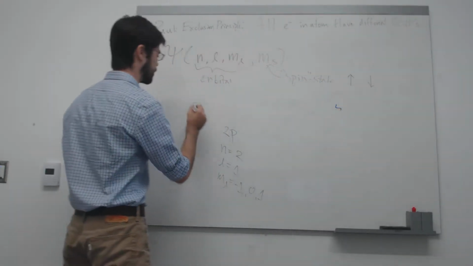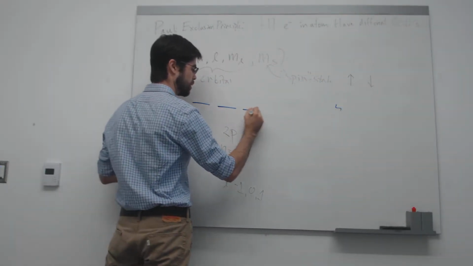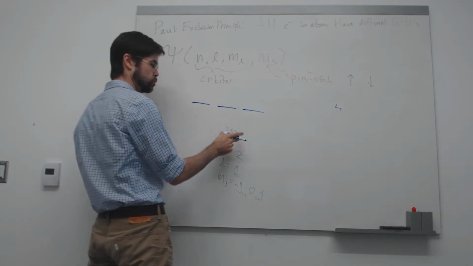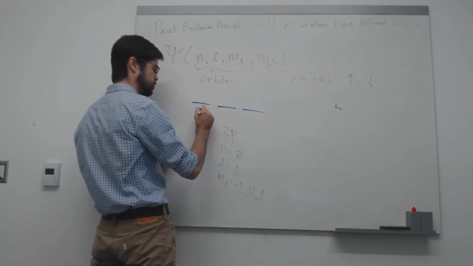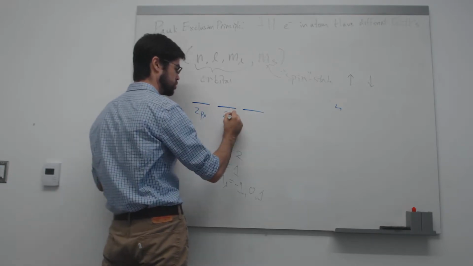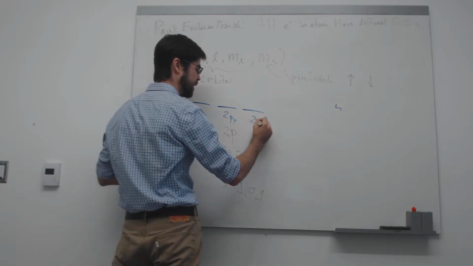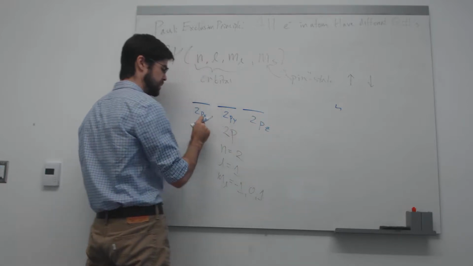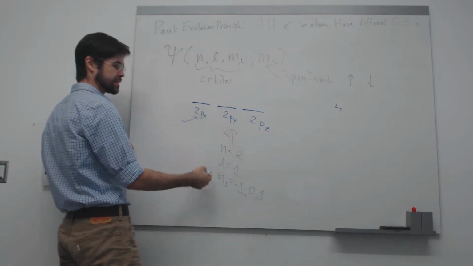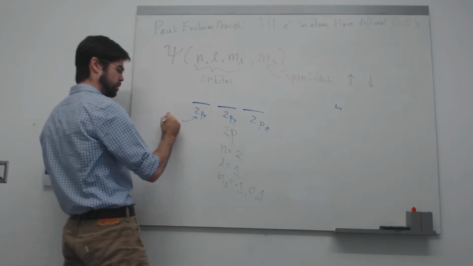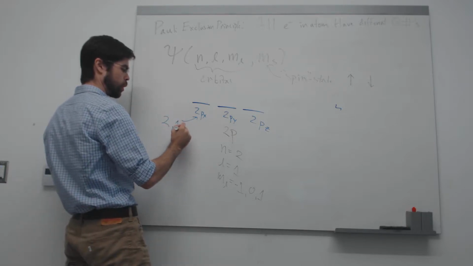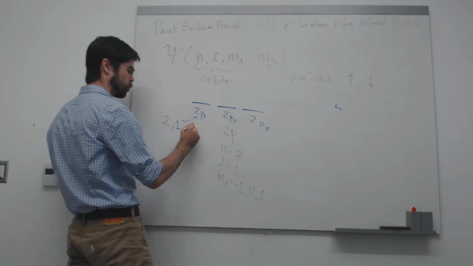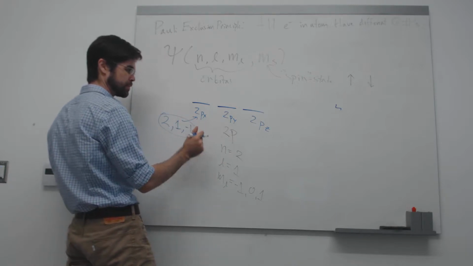Yeah, that's better. So there are 3 possible 2p orbitals: the 2px, the 2py, and the 2pz. This one's set of quantum numbers would be 2, 1, and say -1. That's one set of quantum numbers.